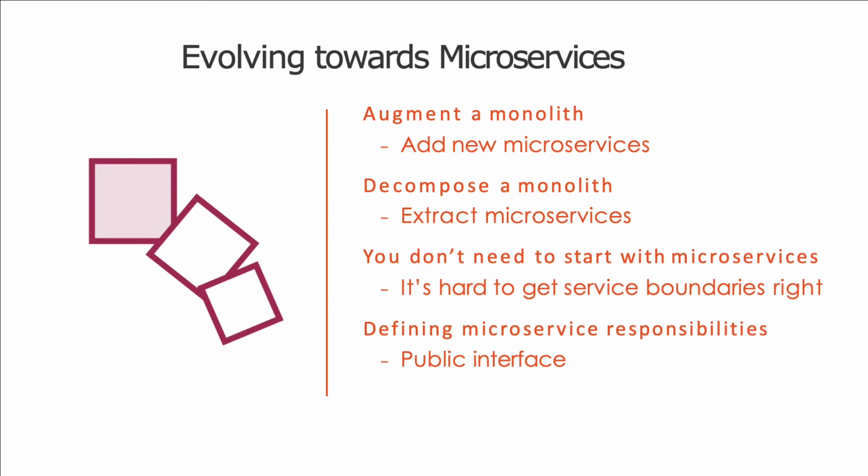In this step, we need to extract the existing capability from the system, from the code base and from the database, and move it to a new microservice. In the same way as the first pattern, the augmented monolith, we need just to create a bridge for the communication with the old system for the time we migrate from the legacy system to the new system.